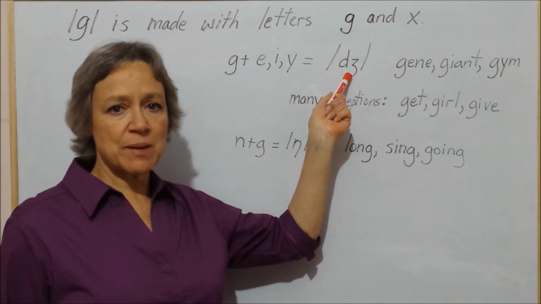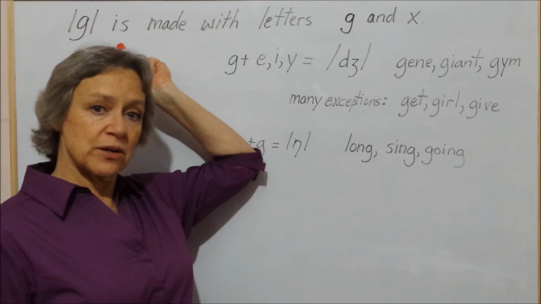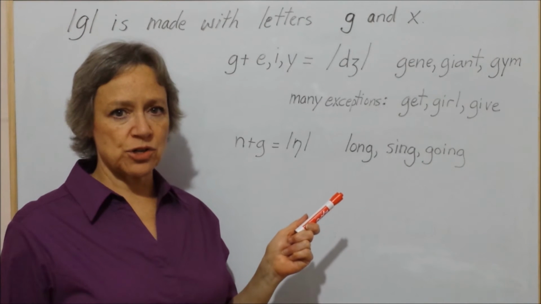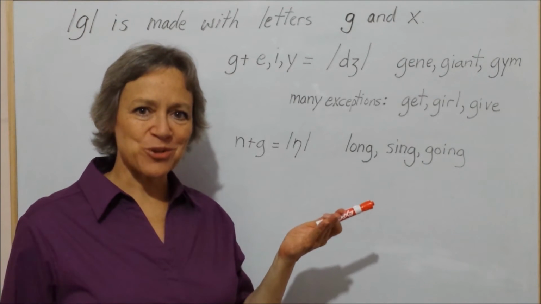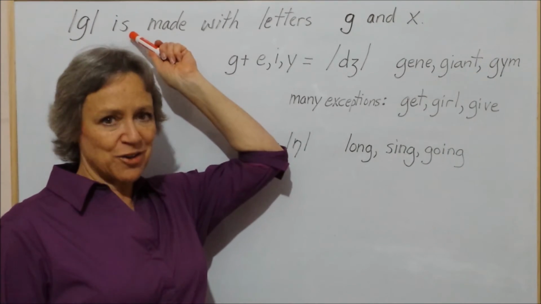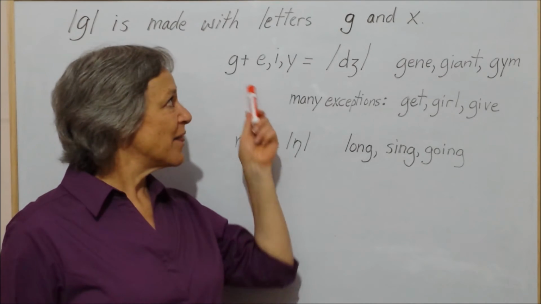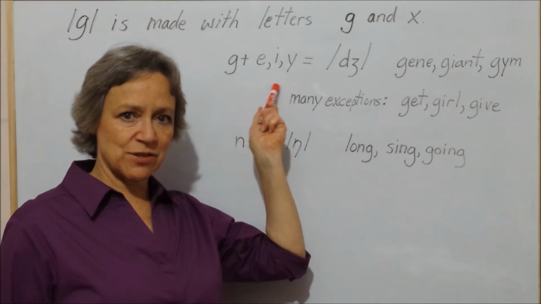This sound is sometimes called a soft G, and this one, G, is sometimes called a hard G. But please note that they are different, and I am focusing on the hard G in this video. Okay? There are many exceptions to this, though.